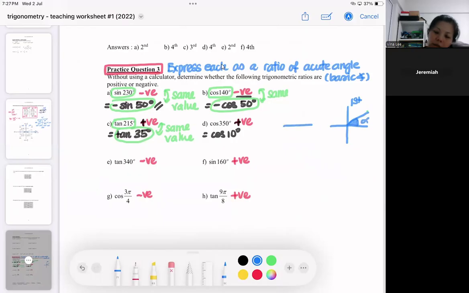If it's in the second quadrant, that means this is the angle, then this is the basic angle. If it's the third quadrant, this is the basic angle.